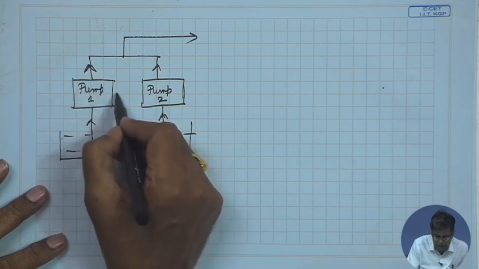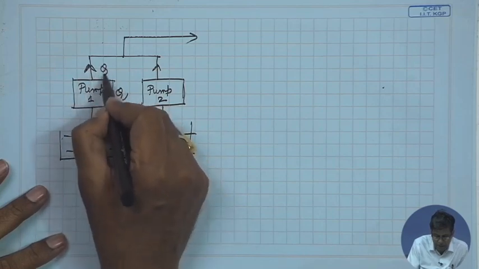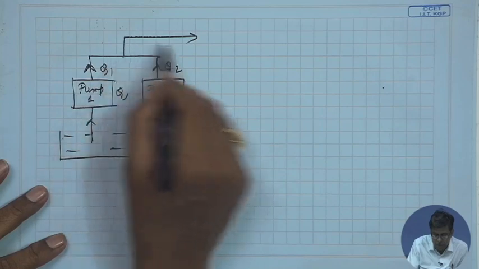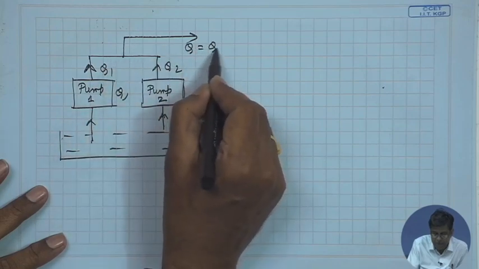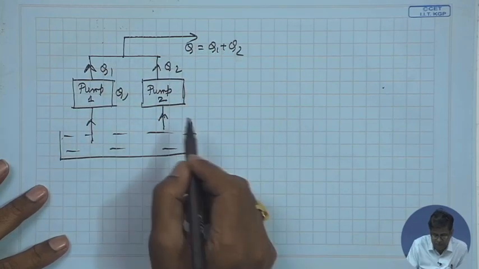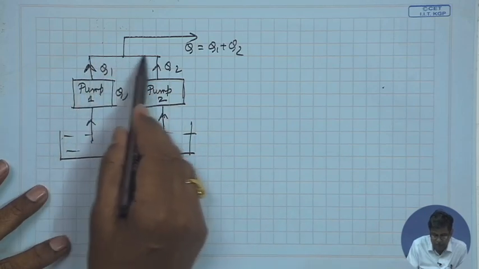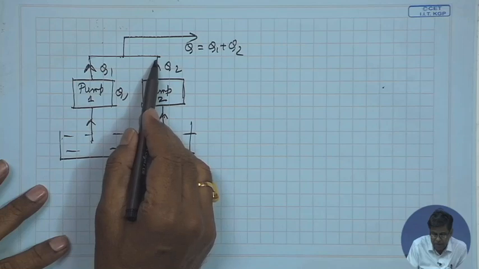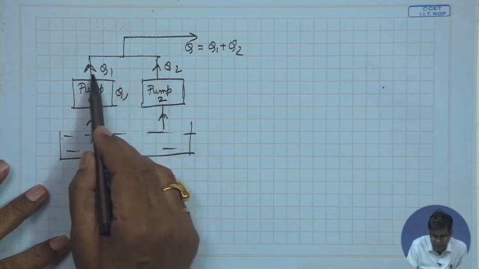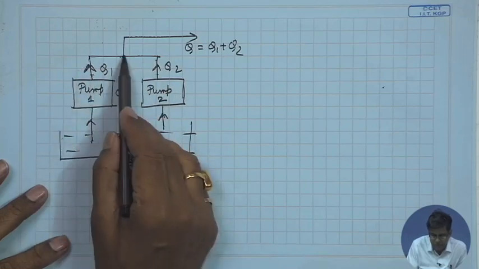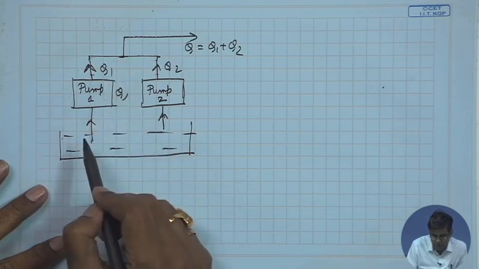That means here what happens, the Q1 and Q2 of the two pumps are being added, just like the parallel connection, but the head developed by pump 1 and pump 2 will be the same, because they are connected to the same main line. So, the head here is the same for both the pumps. This is the final head available.